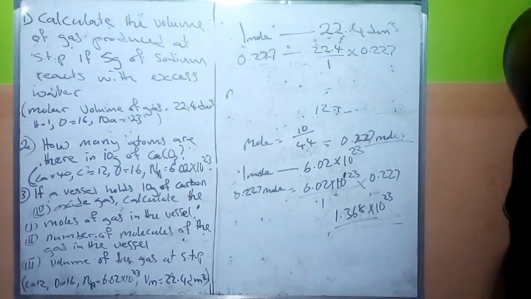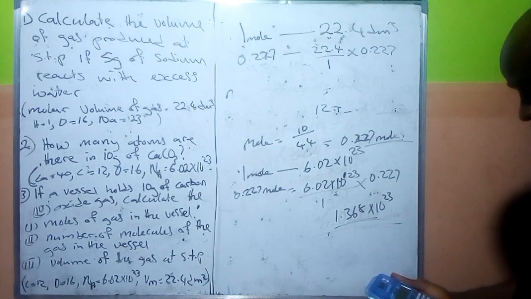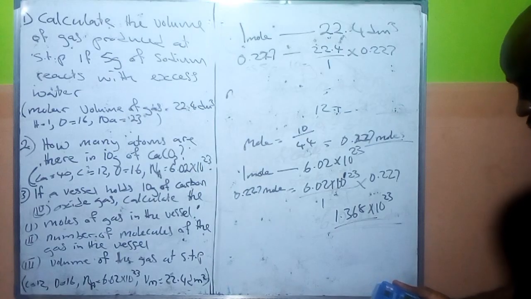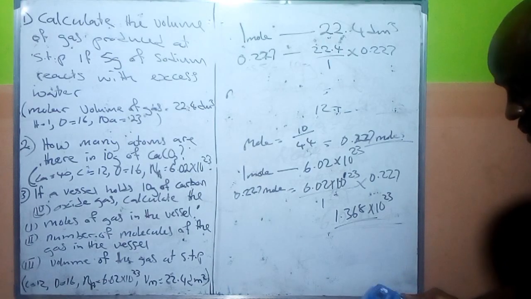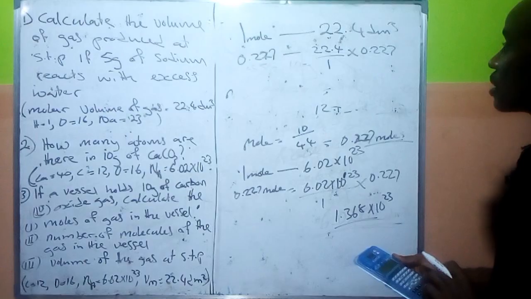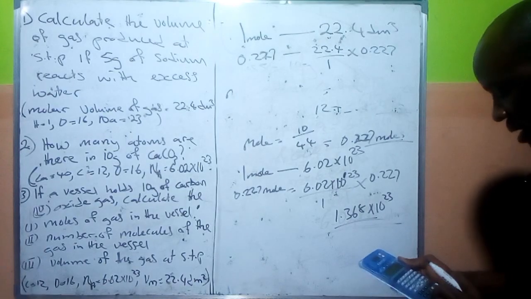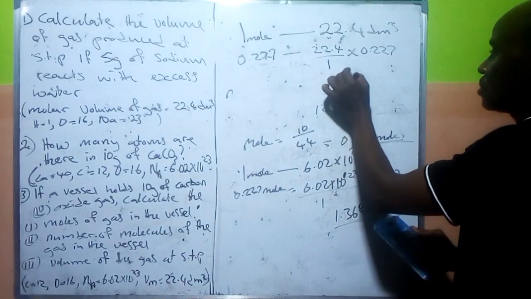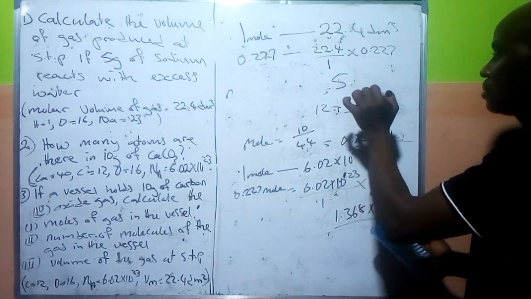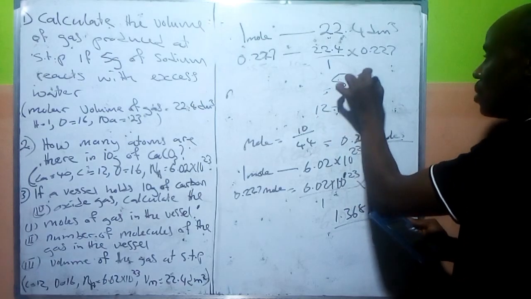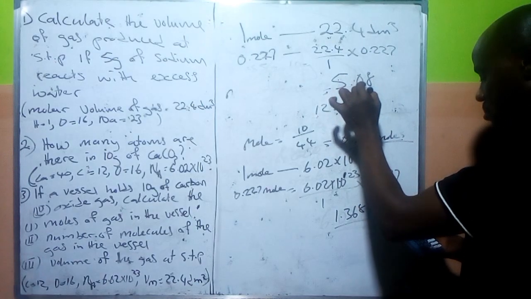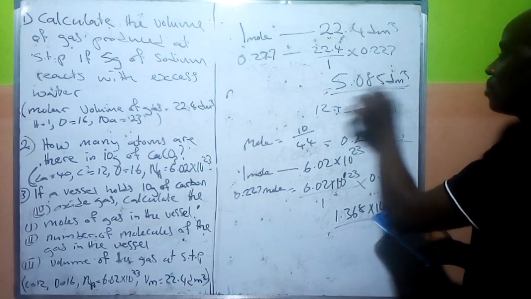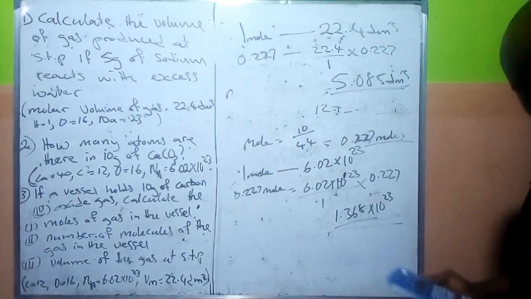So what we get here will be 0.227 times 22.4. Let me do it again. What we have is 5.08 dm³. Let's leave it like that. So this is the final answer.